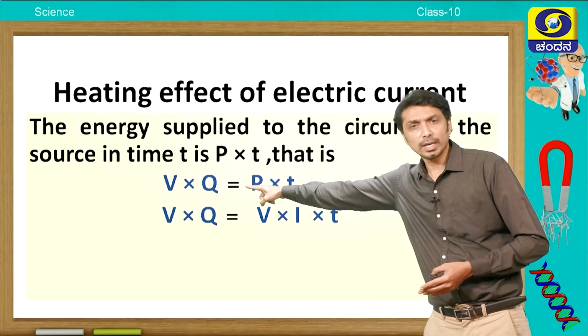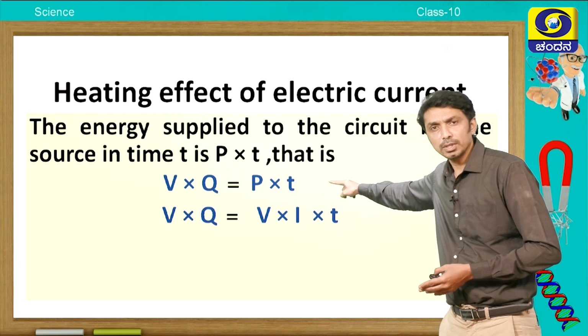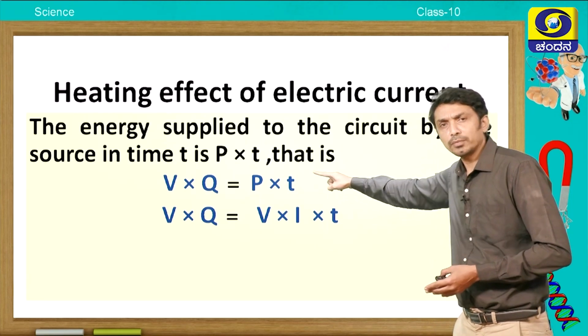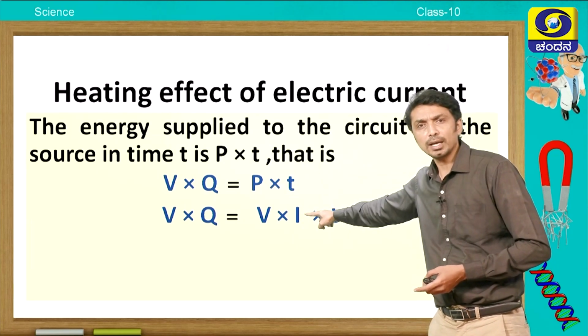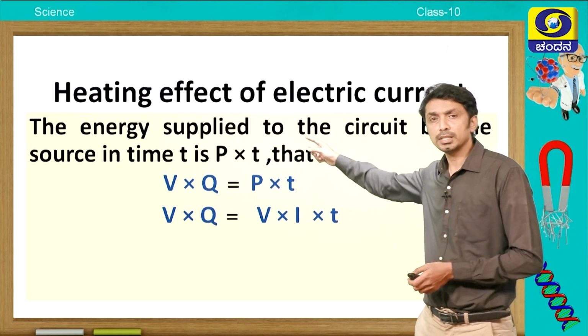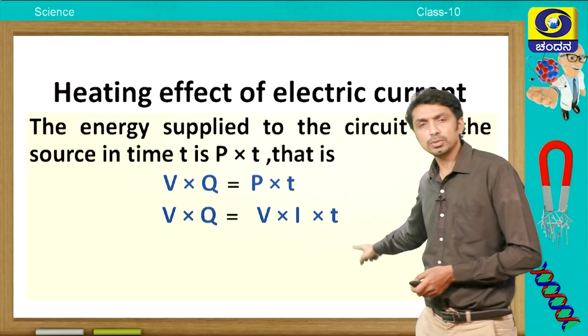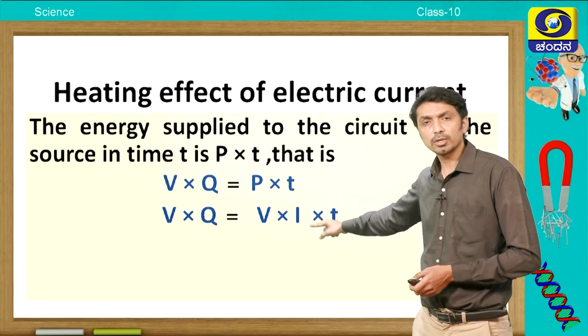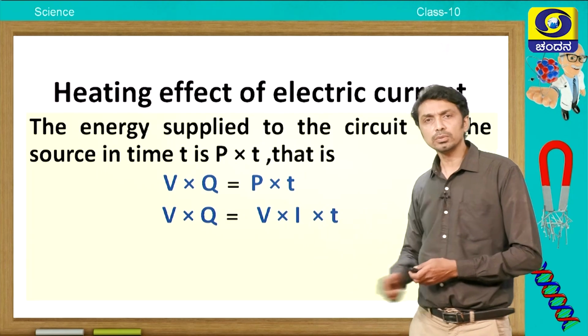The total work done, V into Q, is equal to P into T. So what we can substitute in place of P is V into I. So the total amount of energy supplied in time T is V into I into T. Remember this, the total amount of electrical energy supplied in time T is V into I into T.